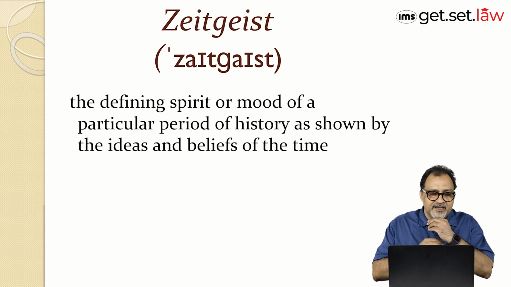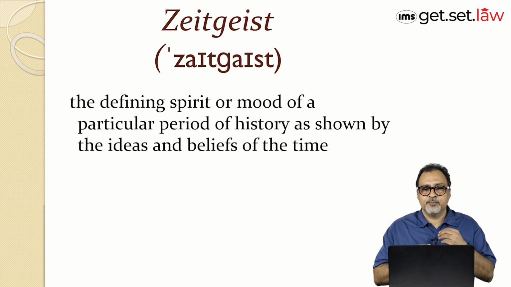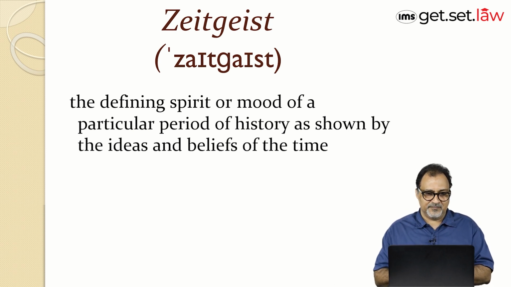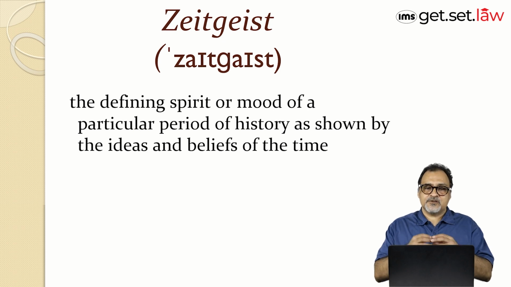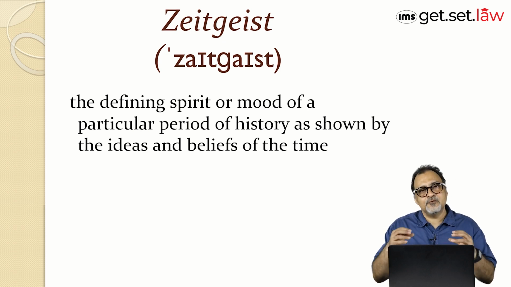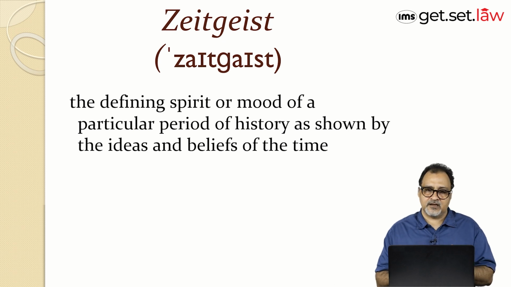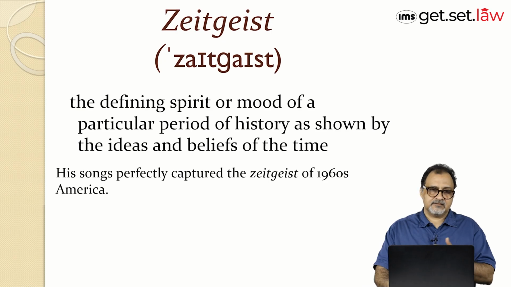We don't want you there at all. We wanted the British out. In fact, the 1940s was the time when a lot of colonies wanted the British out. So, what was the defining spirit or mood of that period? It was quit India. We want to be independent. We want to be governed by our own people. So, Zeitgeist. That's an example sentence.